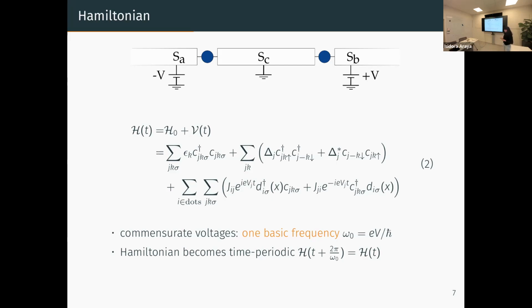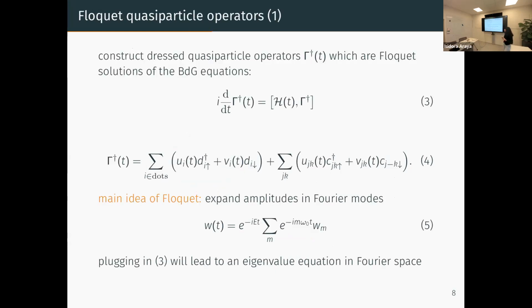And the idea is that I will use the time periodicity plus the idea that we still have a notion of quasi-particles in the system. So I will introduce some quasi-particle operator that is a solution of the Bogoliubov-de Gennes equation.